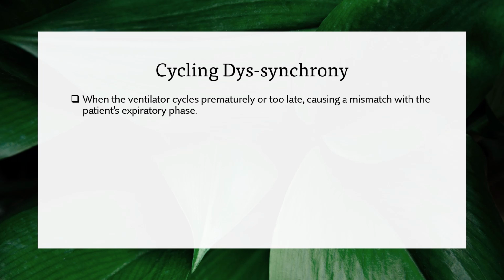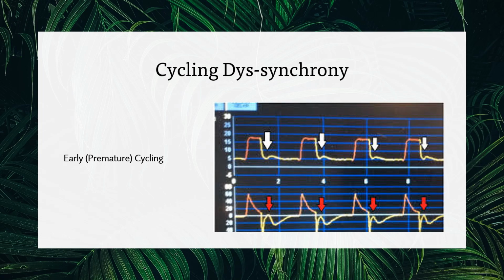Cycling dys-synchrony occurs when the ventilator cycles prematurely or too late, causing a mismatch with the patient's expiratory phase. Early cycling dys-synchrony occurs when the ventilator transitions to the expiratory phase while the patient is still making an inspiratory effort.